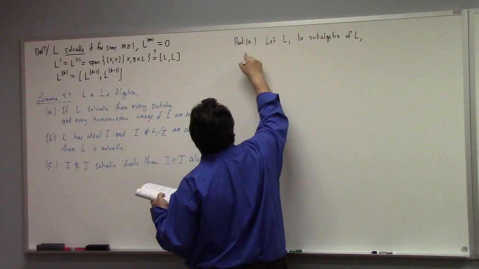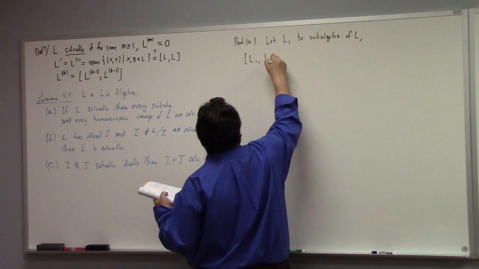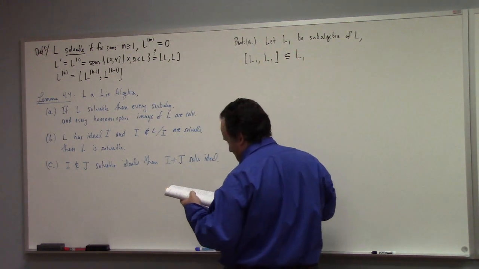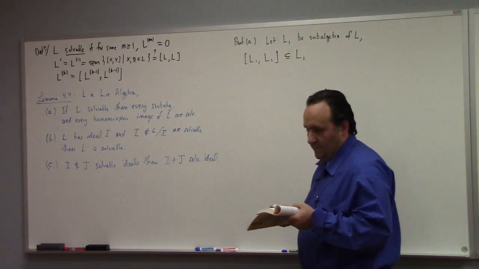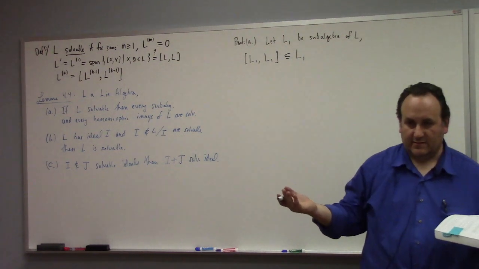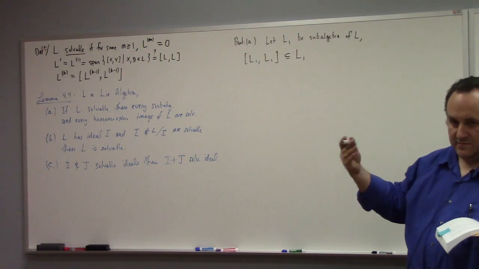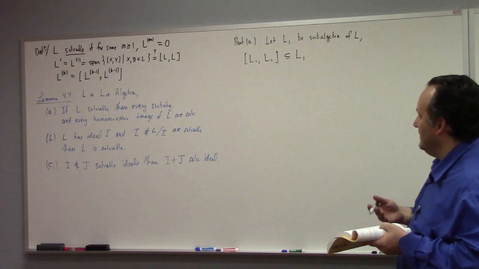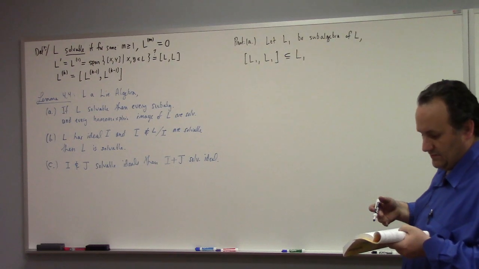It means, among other things, that the bracket of L1 with L1 is a subset of L1, so the bracket should be closed. And it's also a Lie algebra with respect to the same Lie bracket.